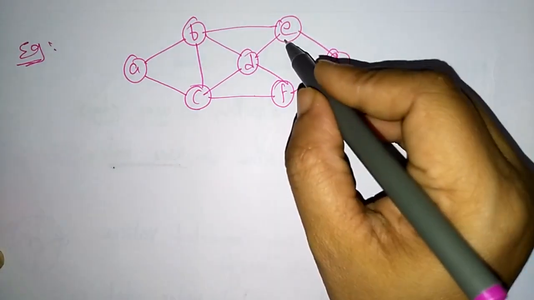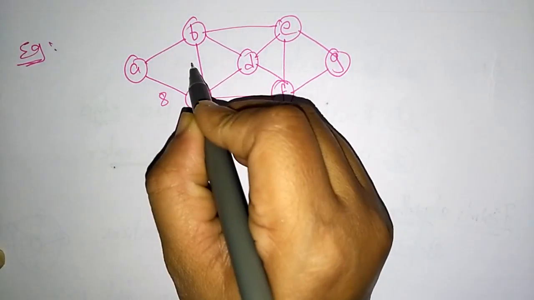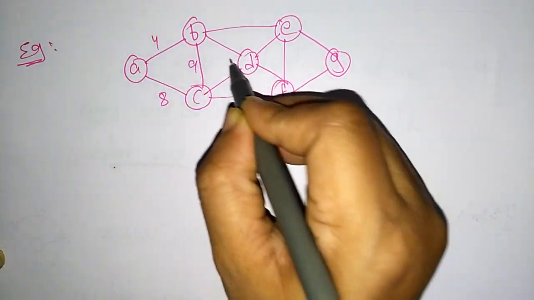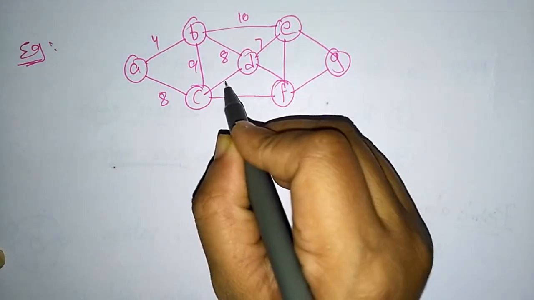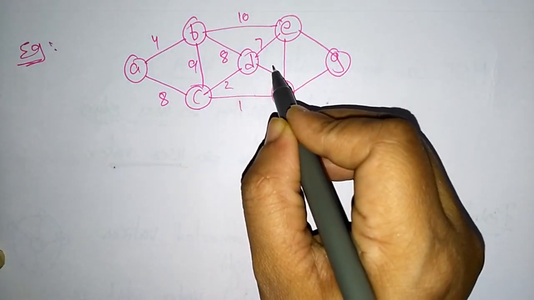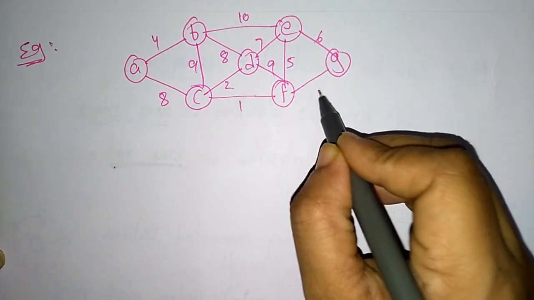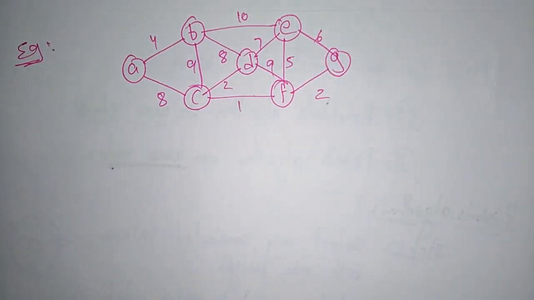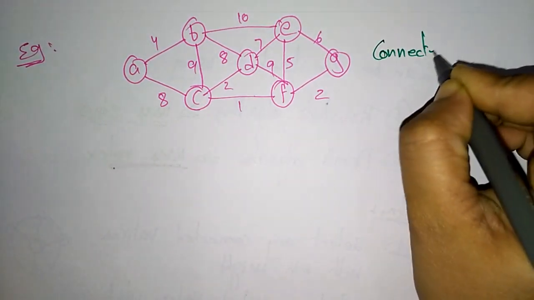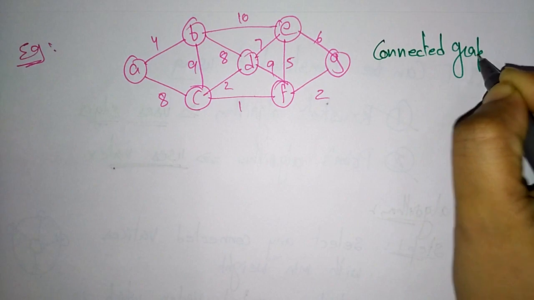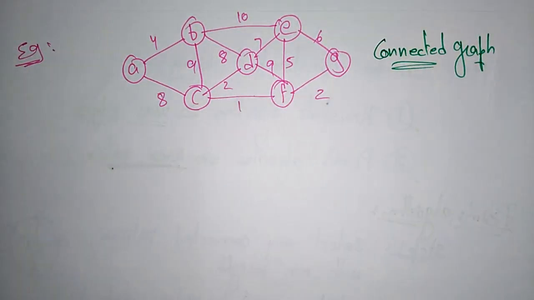Let me write the weights: 8, 9, 4, and this is also 8. This is, let's take 10, 7, 2, 1. Let's take 9, 5, 6, 2. So you call this a connected graph. One vertex is connected to another vertex, so everything is in a circuit.